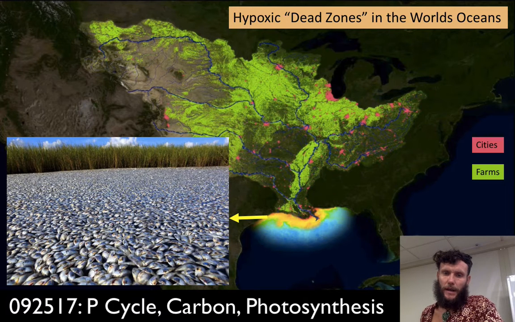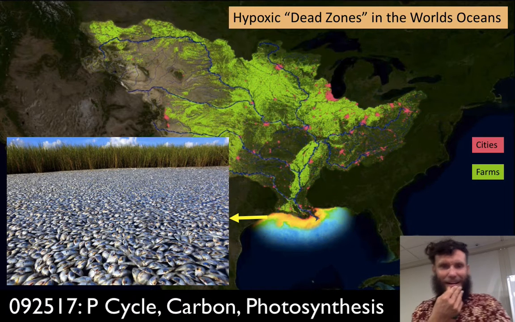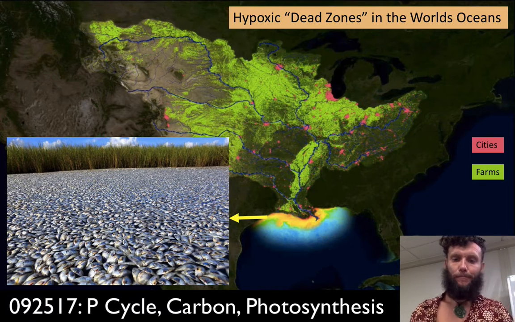And so you can see there in pink, those are the cities, and the bright green, those are the farms. Most of that watershed is farms. So this is where people are applying nitrogen and phosphates to the farmland.